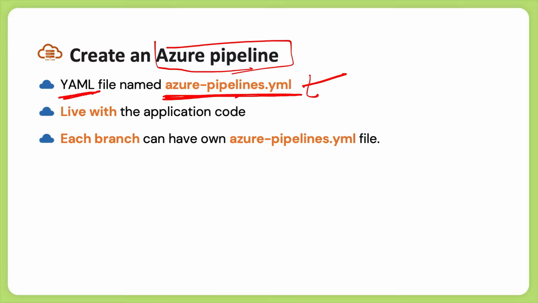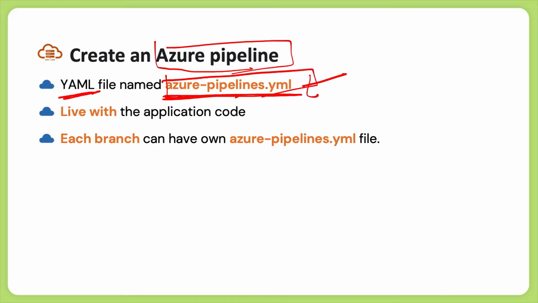Okay, so when we create our pipeline, we need to specify in which file we have our CI/CD configuration. If you give a different name then it could be different, but the default name should be azure-pipelines.yml.